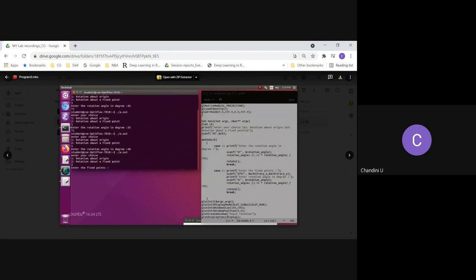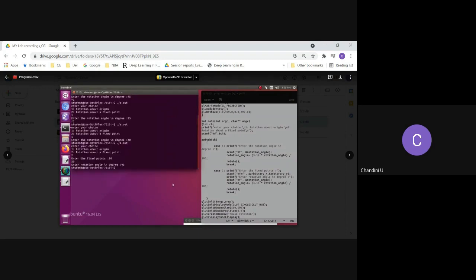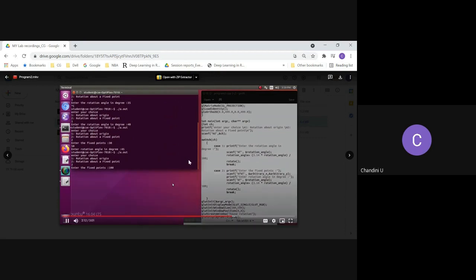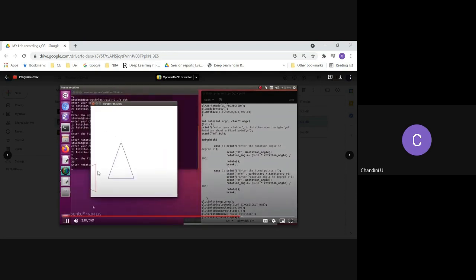Now let's get rotation about fixed point. So we need to enter the fixed point now. I've given the fixed point as 30, 50. Okay, now we have to give the rotation angle. So the point I gave, you can see it has been moved a little. Again, I'm giving some other fixed point, say 100 and 30, and the rotation angle is 90 degrees. So it is moved somewhere here.